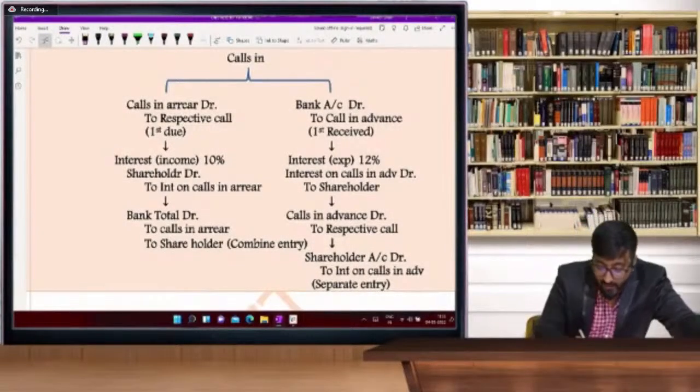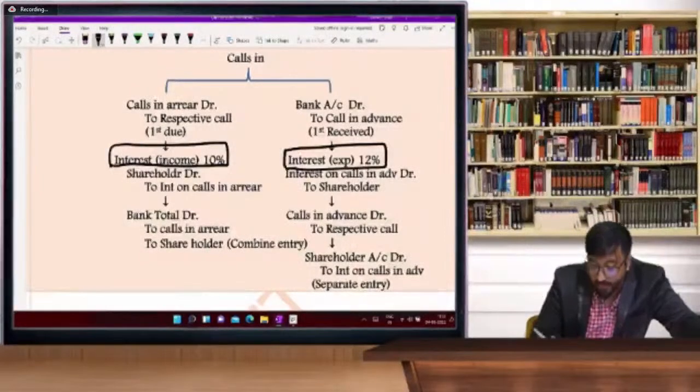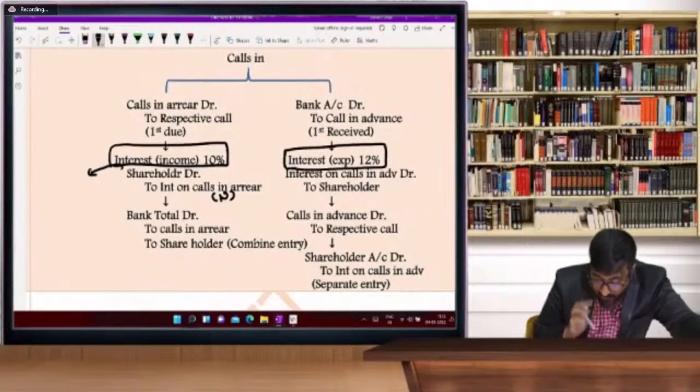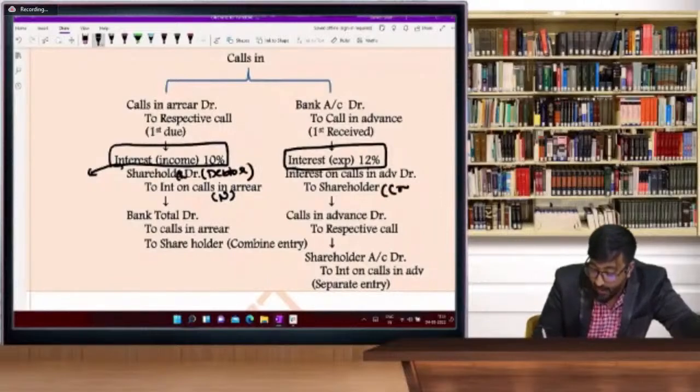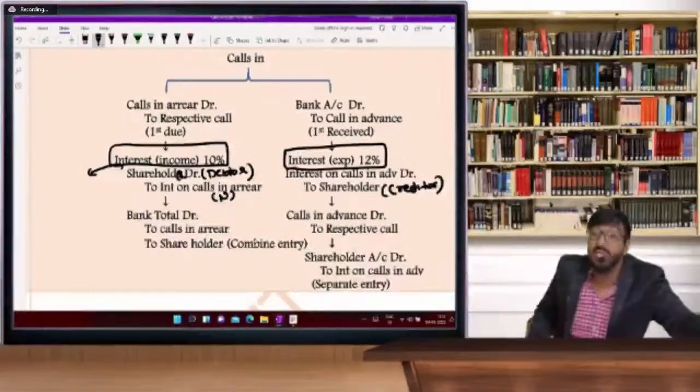Interest is income. So what is the entry? Interest is income at the rate of 10%, and here interest is expenditure. Income has a credit balance. It's a nominal account, and the shareholder is a debtor. For expenses, we have to pay him, so he's our creditor.